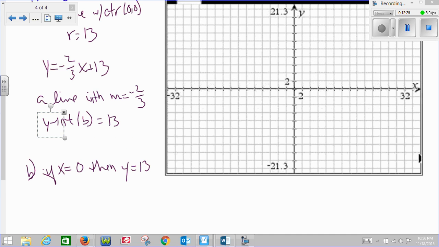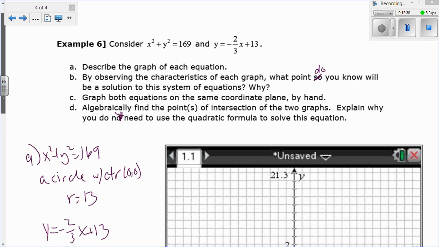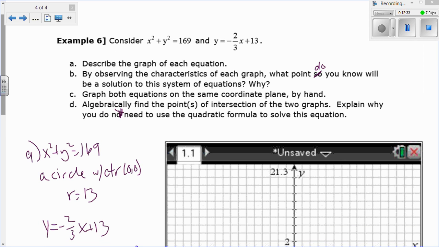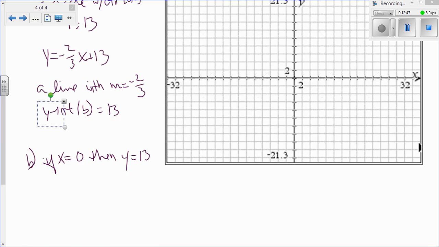And that's just by inspecting the graph. The square root of 169 is 13. Here's a 13. Somehow they have to be related. If x is 0 for both of them, then my y's are what's left over. So that's how I figured that out.